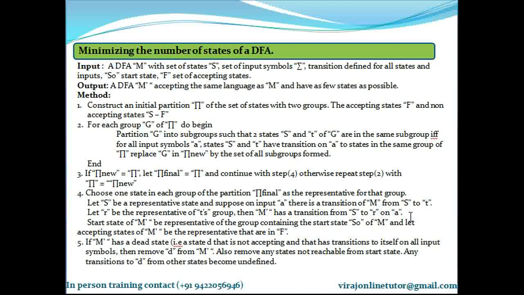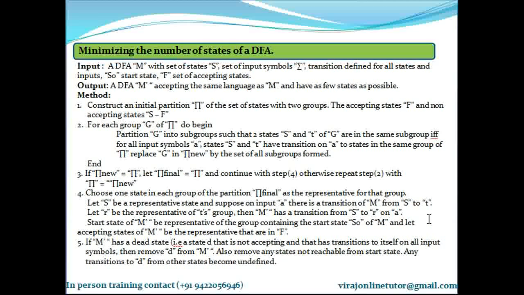Now this is very simple. Suppose in the source diagram there is a transition from state S to state T on input symbol small a. Now if I select S as a representative from the S subgroup, and R as a representative from the T subgroup, I don't have T anymore in my target DFA.